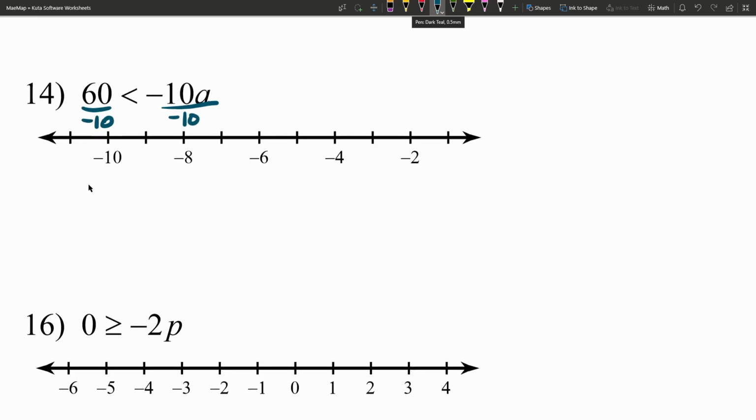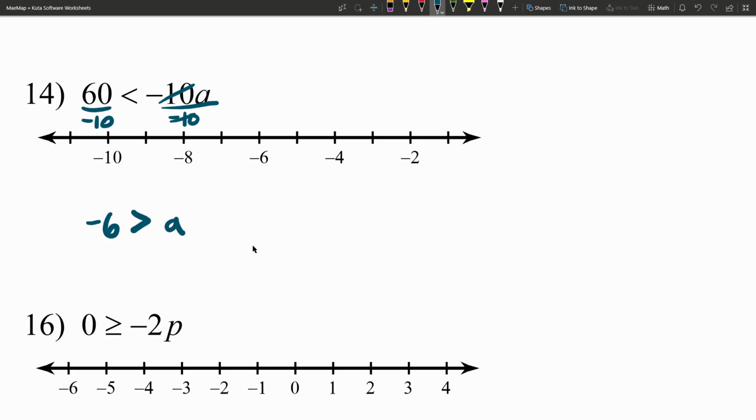So on our left-hand side, we'll have 60 divided by negative 10, which is negative 6. We divided by a negative, so we need to switch this inequality sign, so it goes from a less than to a greater than. Negative 10 divided by negative 10 is a positive 1, times a is a. So we have that negative 6 is greater than a.